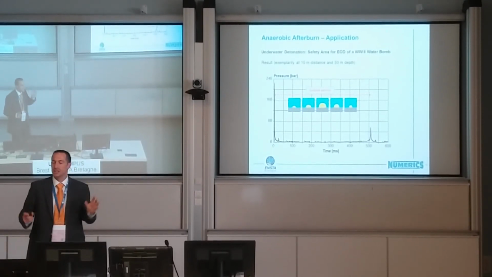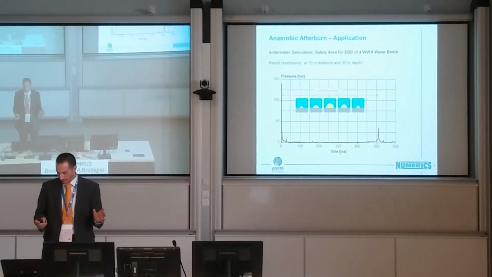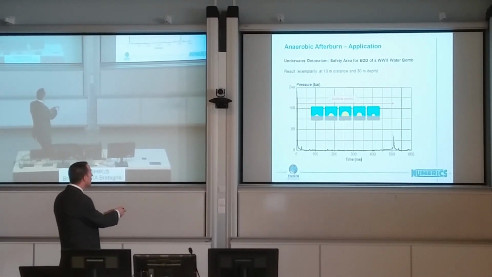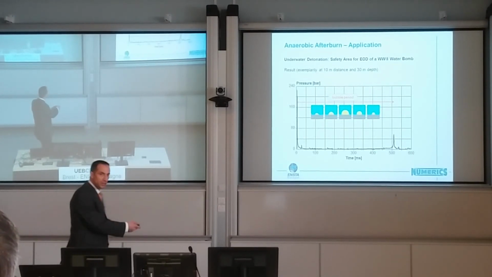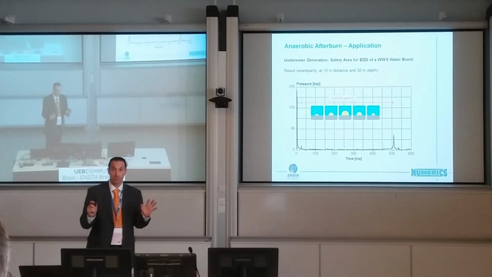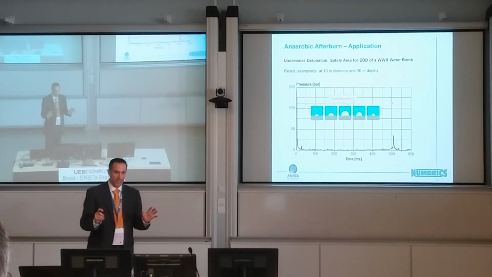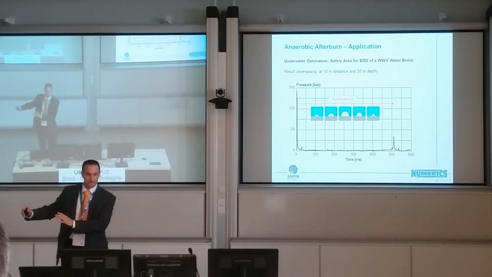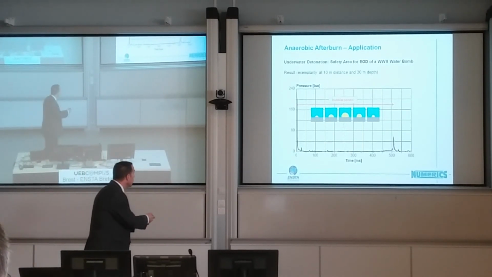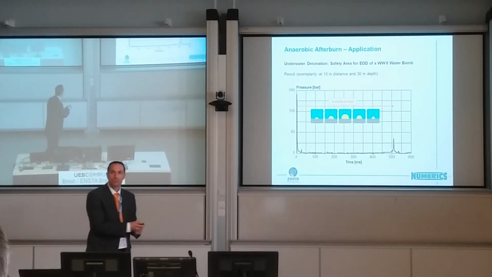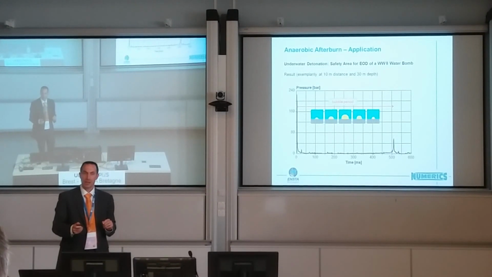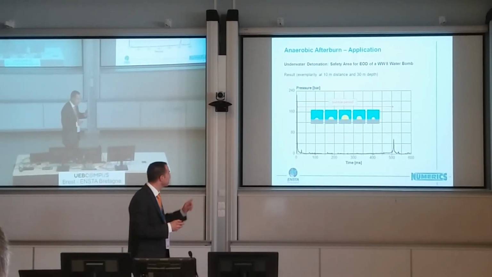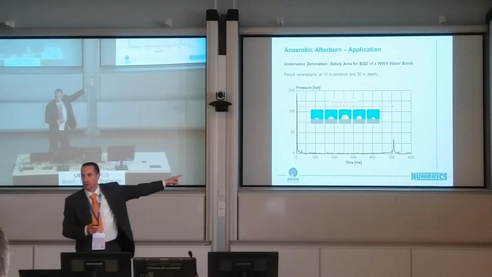And this is especially important for the calibration, because the peak pressure is related to the JWL. It has nothing to do with the Miller extension, because this comes later. So first of all, we have to match the peak pressure, but the Miller extension actually controls this bubble period.